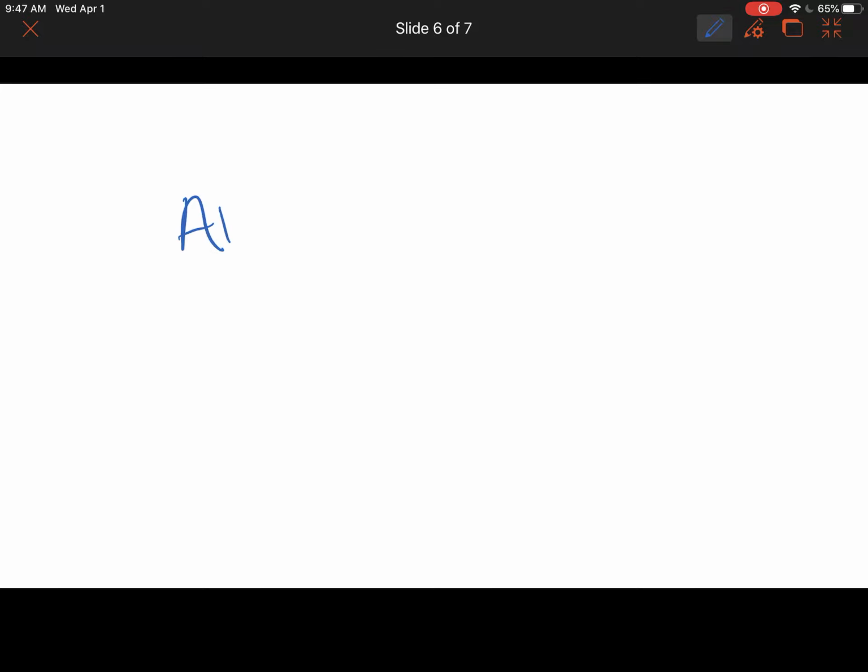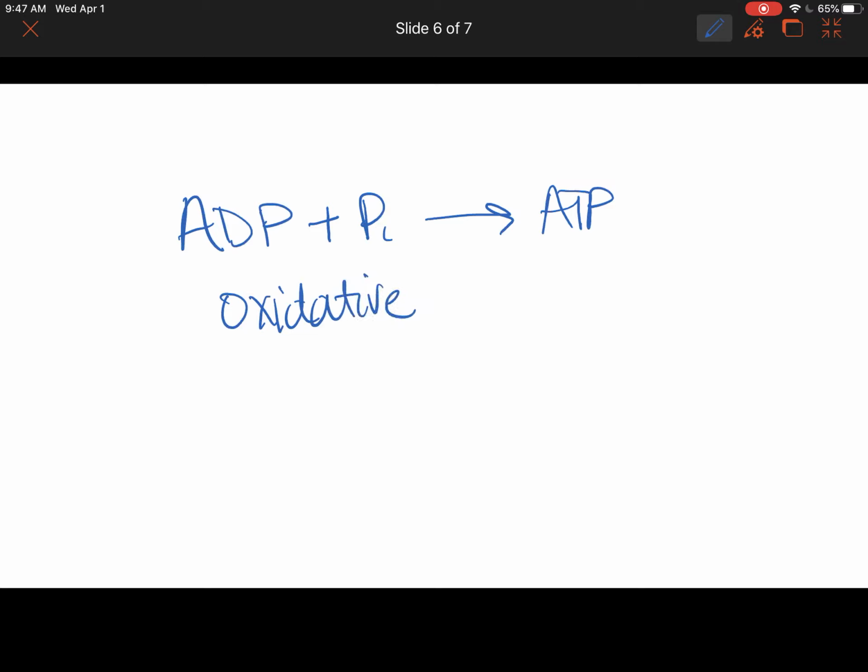So ADP plus phosphate is used to make ATP. Okay, so this is the oxidative phosphorylation reaction.